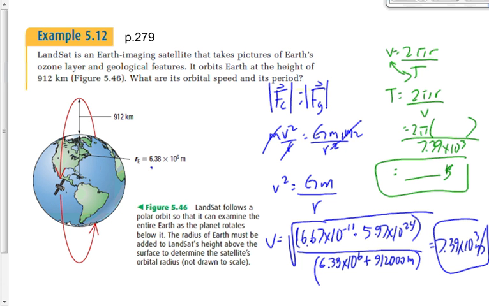How is this question different than the ones that we've been doing? Well, first of all, you were asked for two things, speed and period, whereas usually you're asked for one or the other. Second of all, what's the big difference with this question?